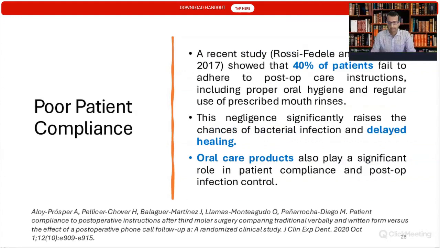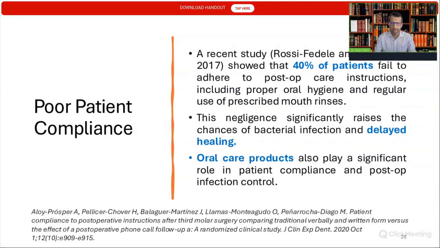Poor patient compliance is another factor that can play a very big role in post-op infection. Studies have shown that 40% of patients fail to adhere to post-op instructions. Why? Because when they are instructed to use alcohol-based or chemical-based mouthwash, they feel irritated.